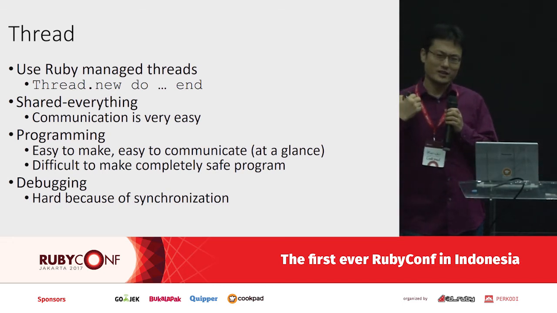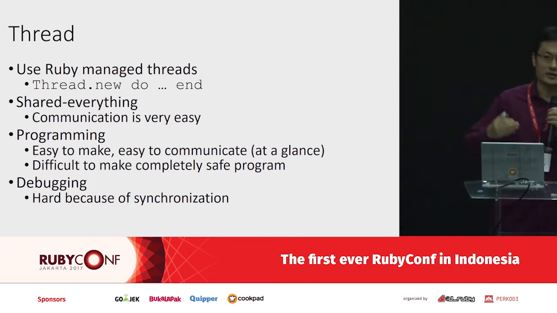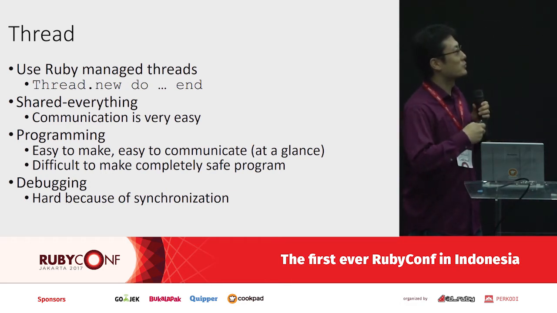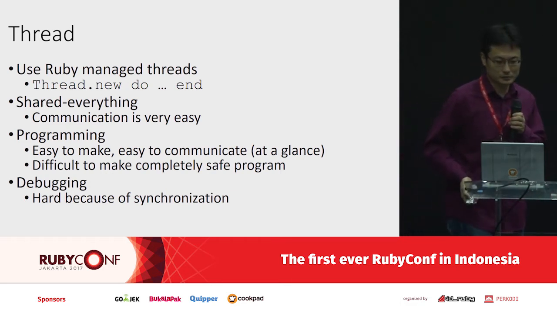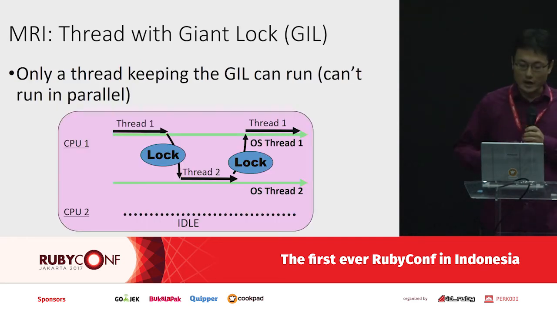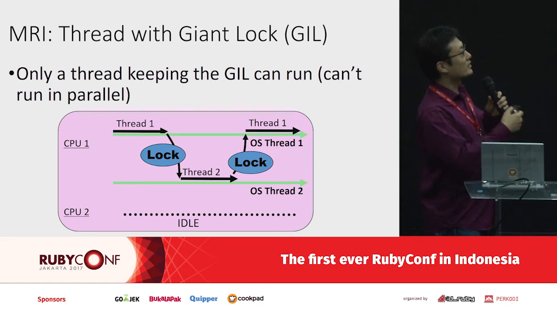Yesterday, someone explained data race or race condition. This is why thread programming is difficult. And the MRI thread has one restriction: only one thread can run at the same time.